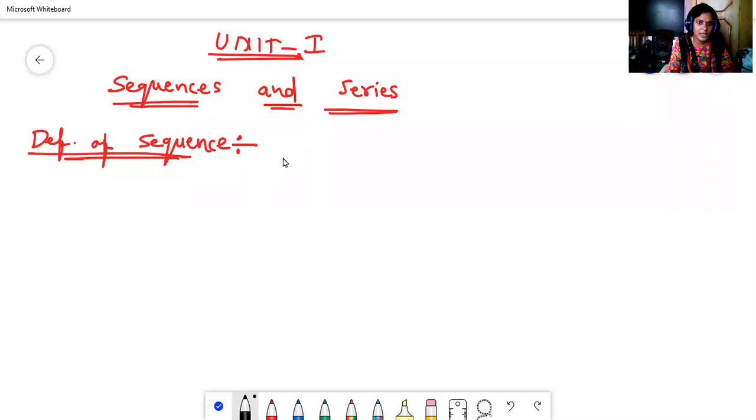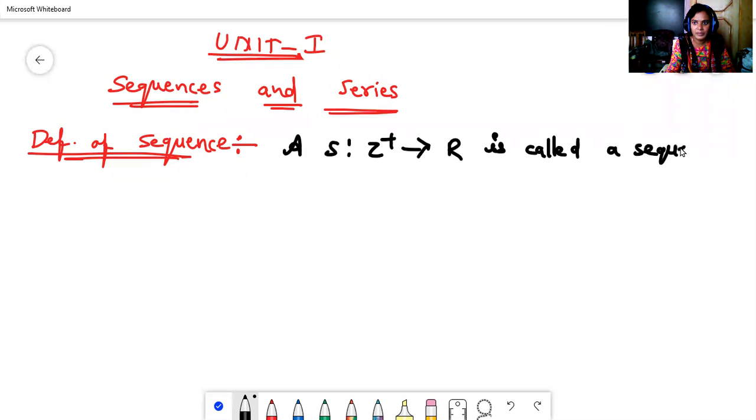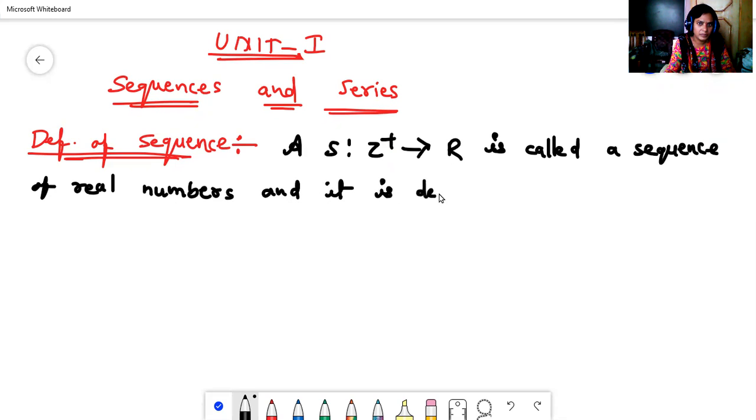A sequence is nothing but a mapping S from Z plus to R, is called a sequence of real numbers, and it is denoted by Sn in curly brackets.